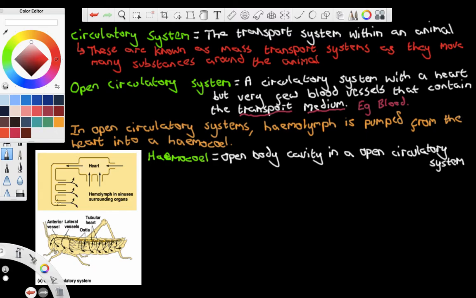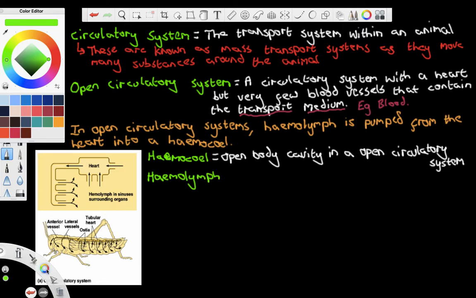Now, insects do not have blood. They have something called hemolymph, H-A-E-M-O-L-Y-M-P-H.